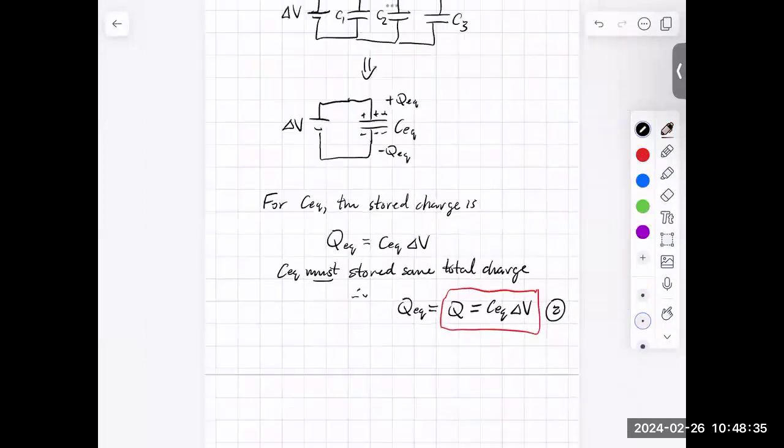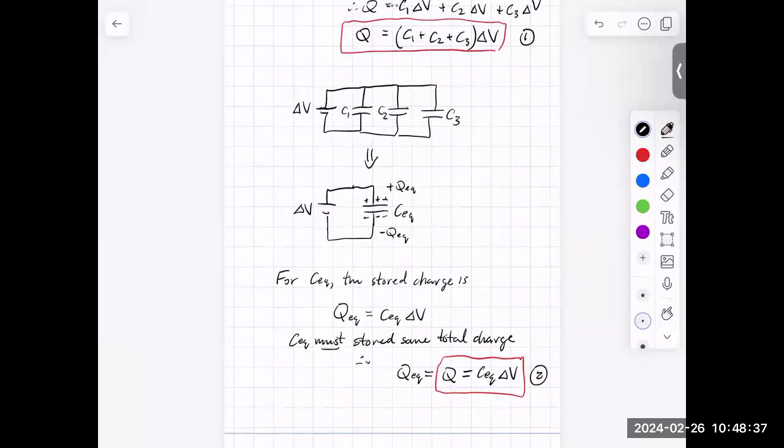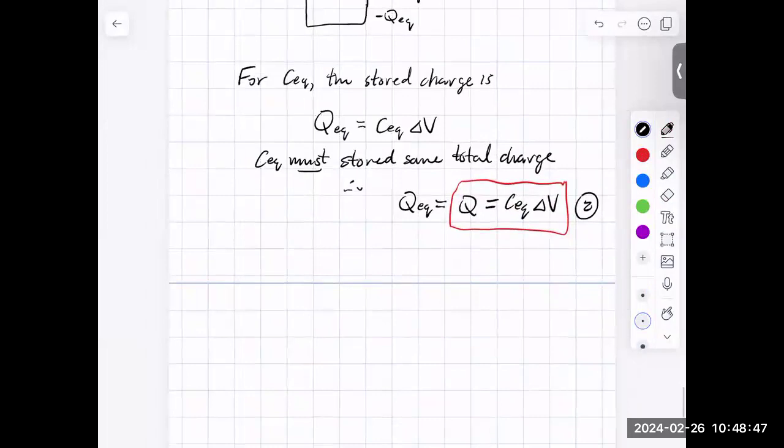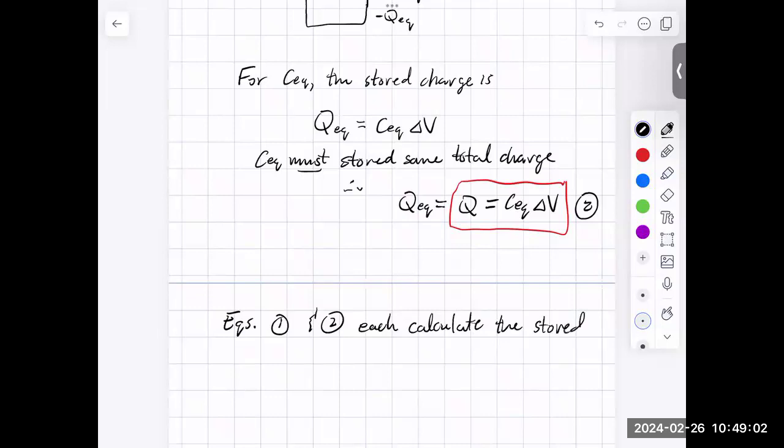And if we compare equations 1 and 2, there are two expressions for the same quantity, the total stored charge Q, and so they must be equal.